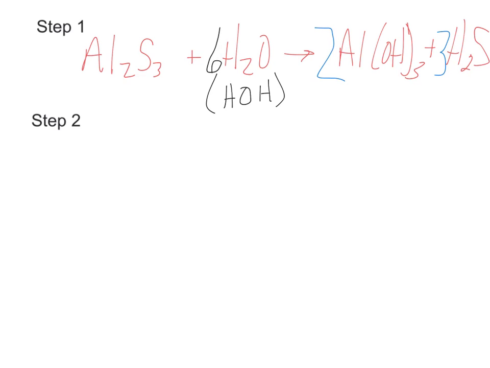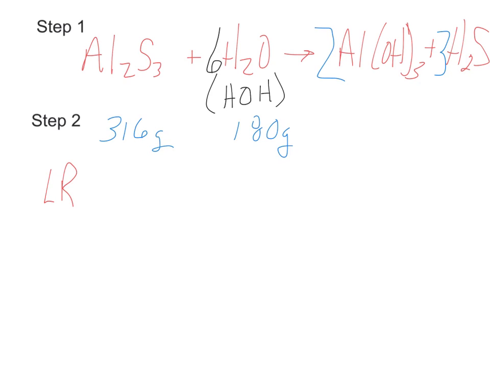Now, next step, we had 316 grams here, and we had 180 grams of water. So now we need to determine which one of these is going to run out first. We're trying to determine what's known as the limiting reactant, okay?